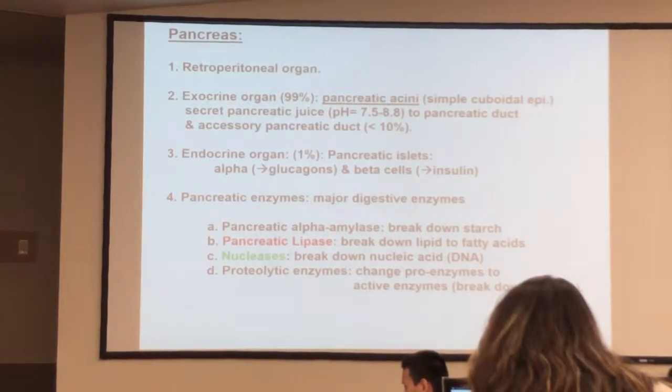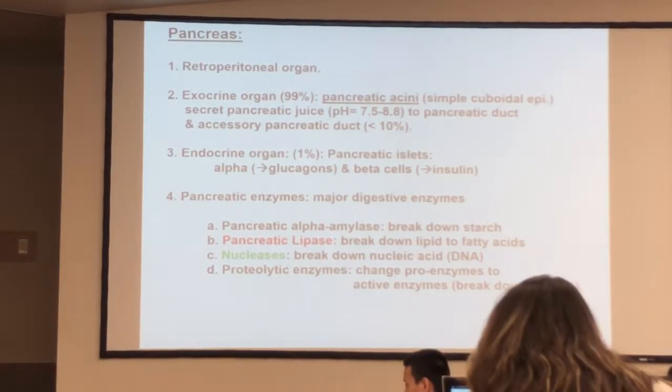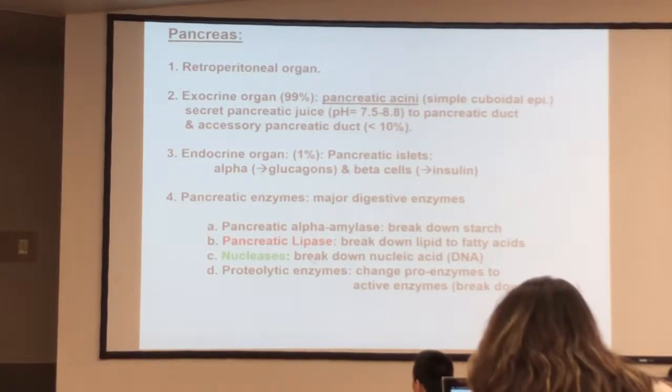The other one is nuclease. It breaks down DNA and RNA. Okay, and no other organ can produce this pancreatic lipase or nuclease. And it also can digest some polysaccharide or starch, we call pancreatic alpha amylase, related to sugar, but not a complete breakdown to simple sugar.